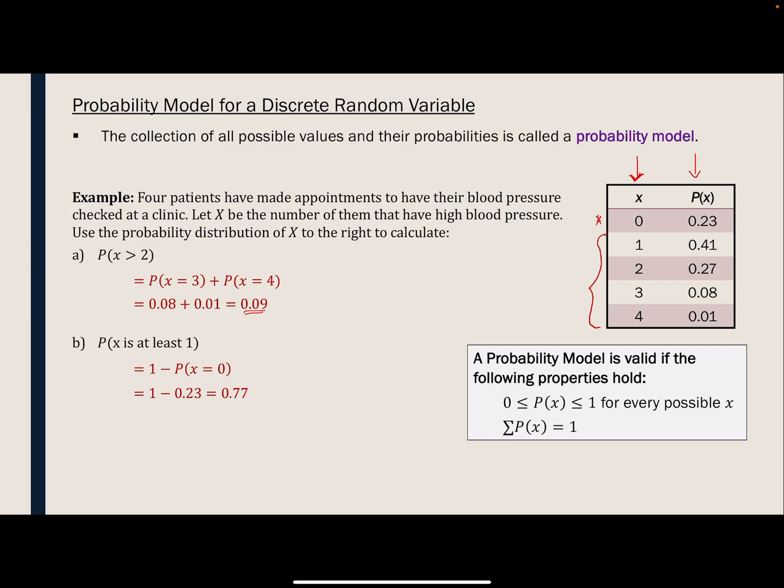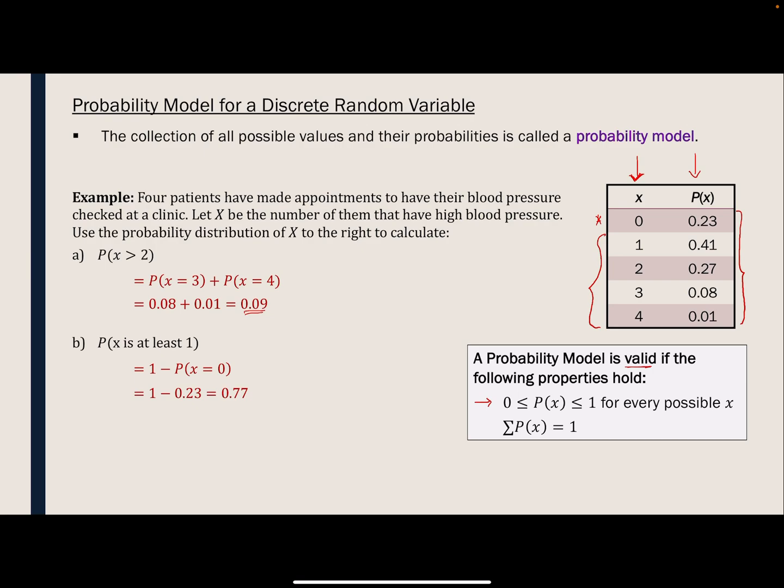When looking at this probability model, we always want to talk about whether or not our table is a valid model. So when we talk about valid probability tables, it means that every probability that's listed is between 0 and 1. That's what this says here. So all of these values have to be between 0 and 1.